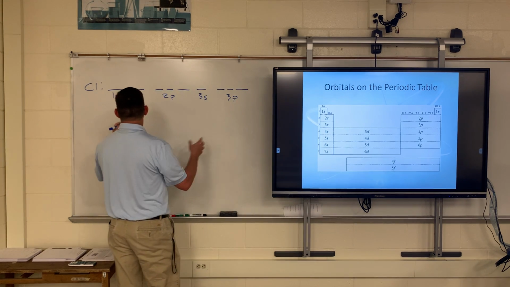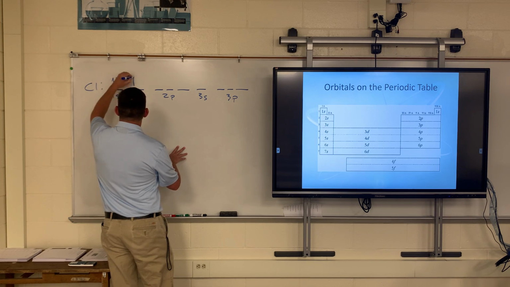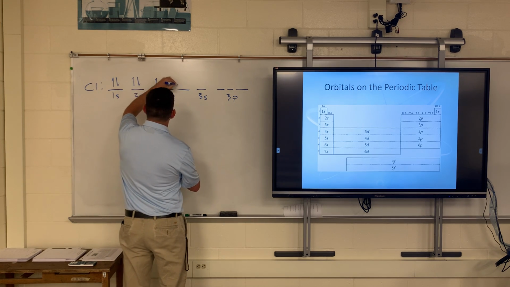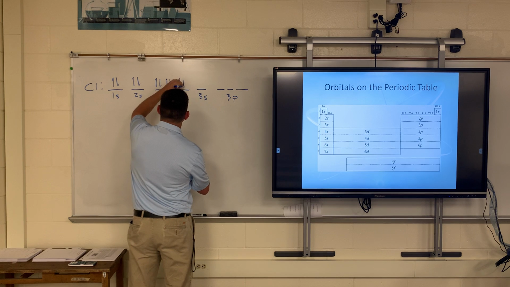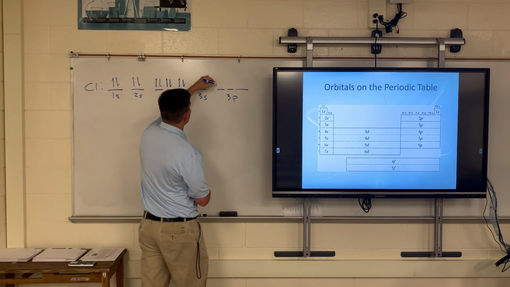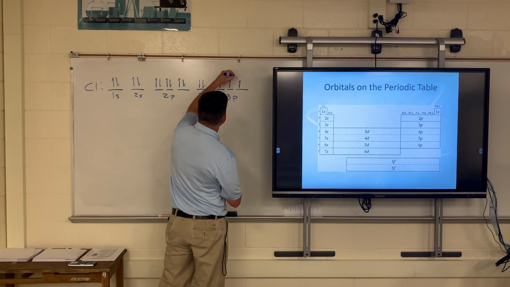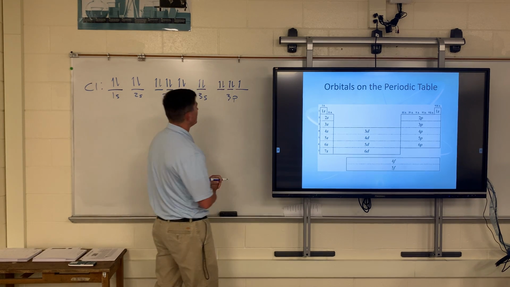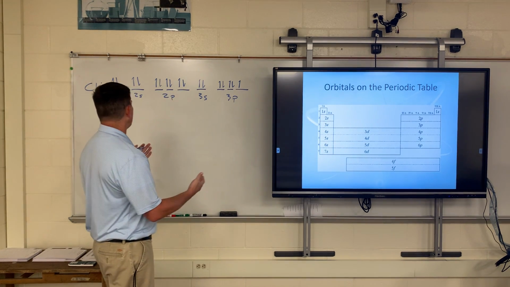So chlorine has 17 electrons, so 1, 2, 3, 4, 5, 6, 7, 8, 9, 10, 11, 12, 13, 14, 15, 16, 17, right? So orbital notation, that's what it looks like.